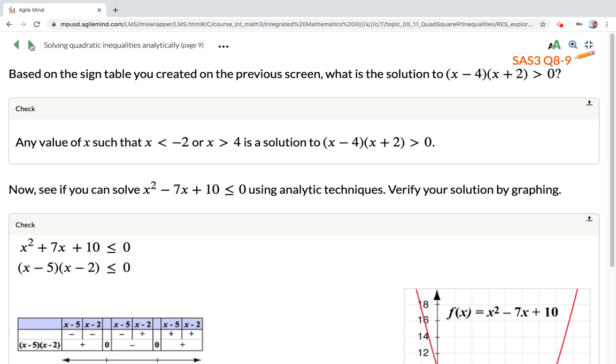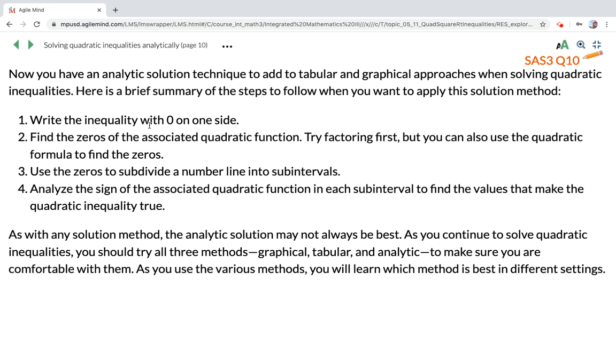So question number 10, just to sum up, bring it all together. When we're solving these inequalities analytically, we want to make sure that we have a 0 on one side of our inequality. That's the first step. You want to find the zeros of the quadratic function. I do recommend trying to factor. Occasionally things won't factor and you will have to use the quadratic formula. But generally speaking, if you factor, it'll work out okay.